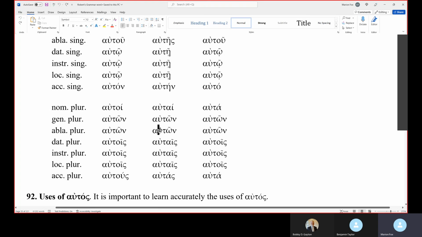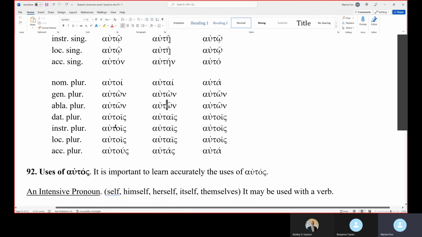All right? Now, wait a second. No, it wouldn't. The genitive article would be tōn right here. And so you could get the masculine and neuter the same, but your feminine would be different. Okay. All right. Dative plural.